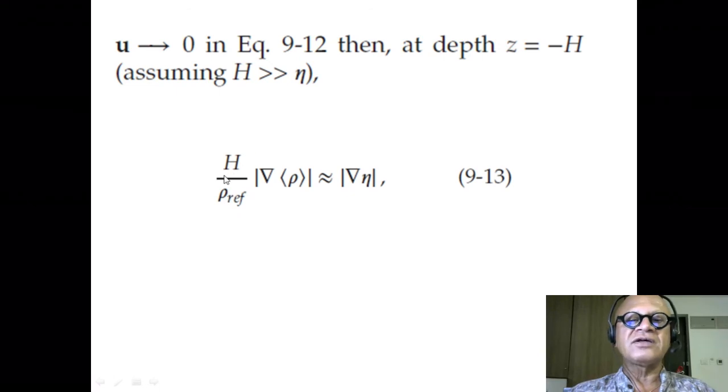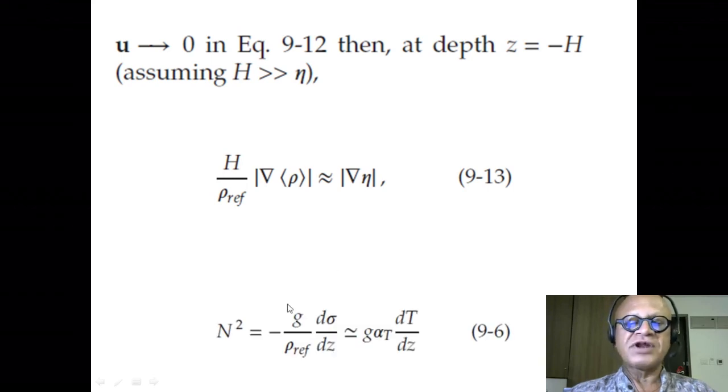So you can write the previous equation as h over rho ref, gradient of the density, approximately equal to gradient of the sea level, and you can divide by N squared, where N squared is minus g over rho ref d sigma dz, which we can approximate for demonstration purposes only, ignoring salinity effects, as g alpha T, where alpha T is the thermal expansion coefficient, times dT dz.